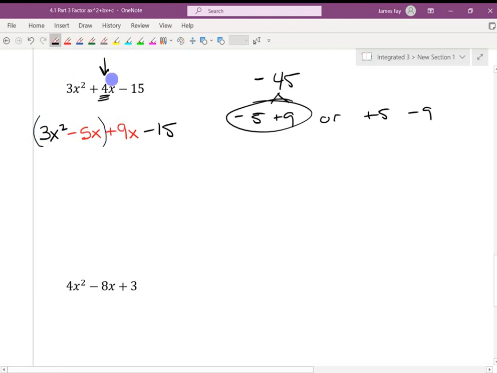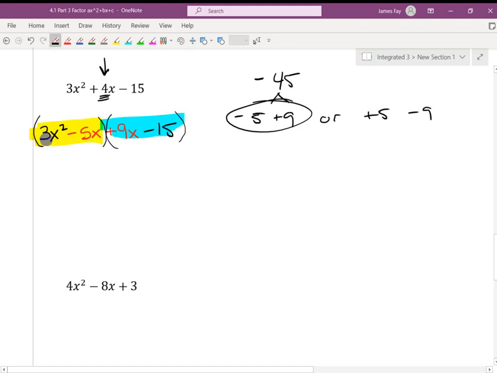We'll group the first 2 in a set of parentheses. We'll group the back 2 in a set of parentheses. So what comes out of the yellow ones? Does any number divide 3 and 5?